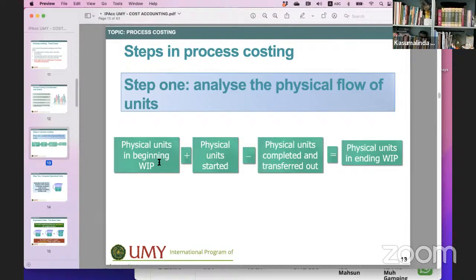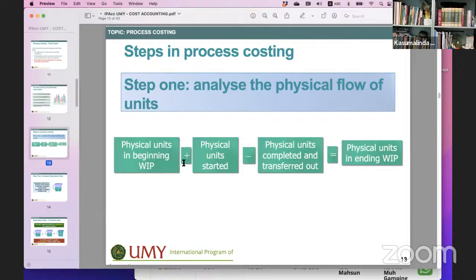When we want to start production, of course we check whether we have beginning work in process inventory or not, meaning units that are still not completed. If we have, we will continue processing them in the period.